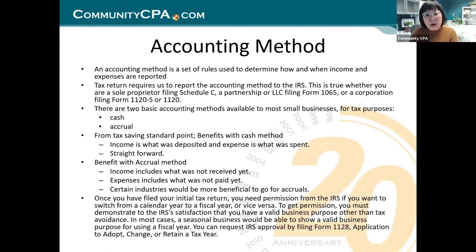Then the benefit on accrual method is also that income you accrue. So for example, in my Christmas gift shop, I don't mind accruing income. I literally don't have any customer telling me, oh, I'm going to order $50,000 worth of merchandise from you, and you know that I'm going to pay you in 30 days. So in retail, you normally don't have those kinds of accrual accounting needs, because your income comes when it comes.